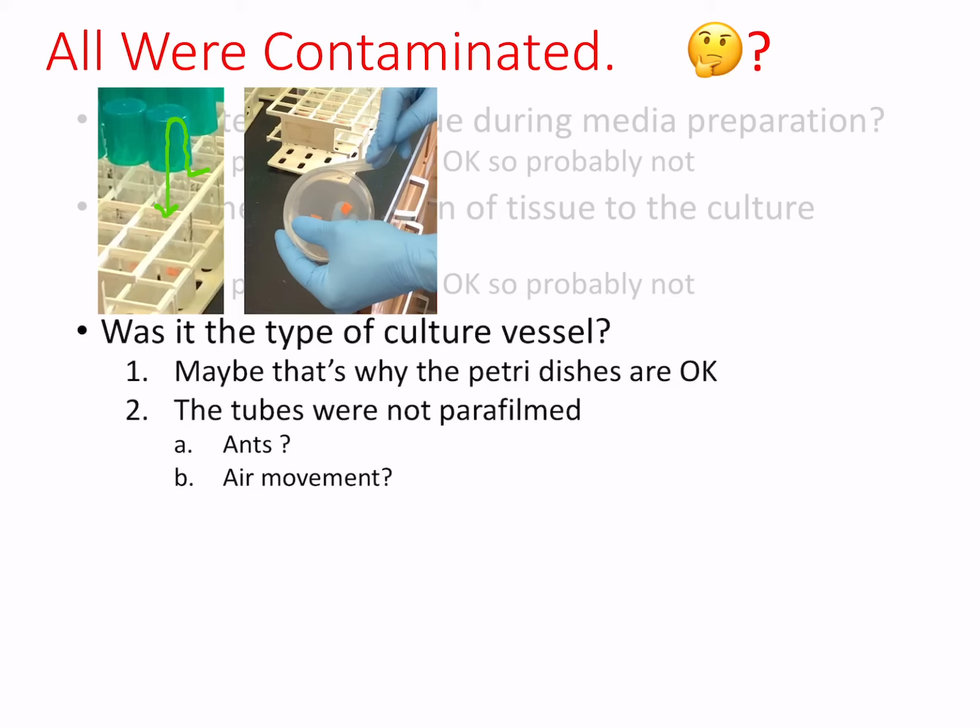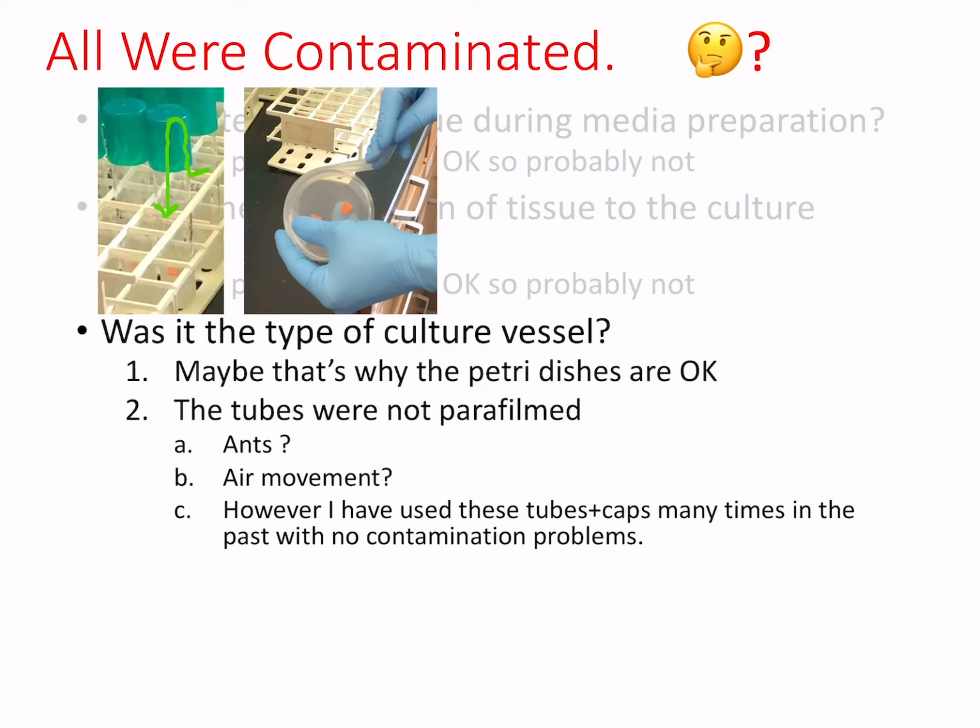I mean, the ants got in, so maybe there's some kind of air movement. Also, I've used these tubes and caps a lot of times, and I've never had the sort of wholesale universal contamination problem that I saw this time. So I'm still questioning what in the world it was.